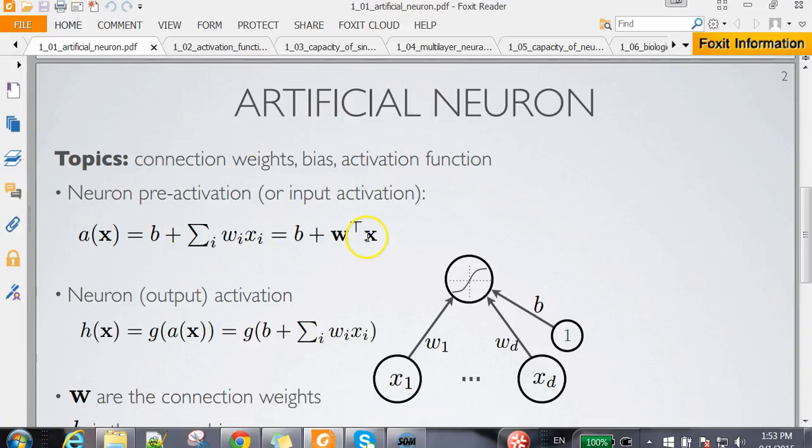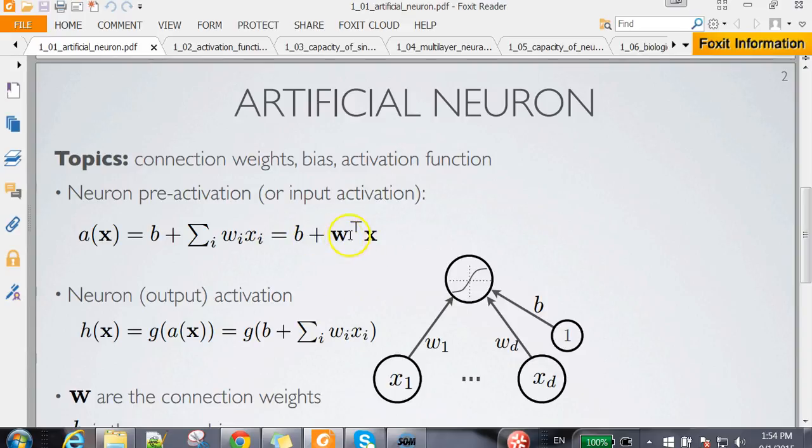Here's the equation in vector form of what's going to be sent to this node. And if we don't think of it in vector form, just think of it as a regular equation. So this is like y equals b plus something times x. This is usually the slope, right?